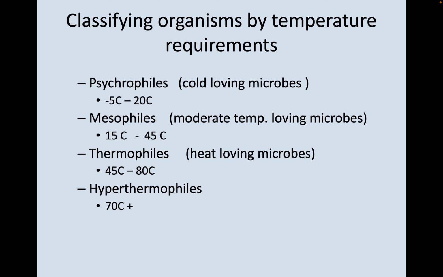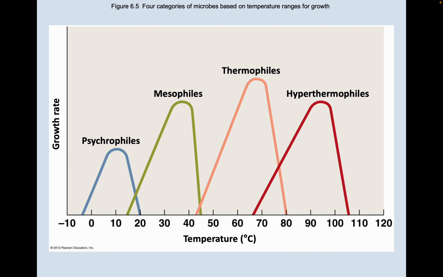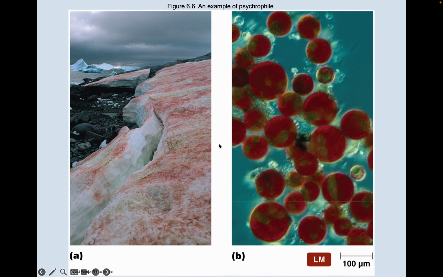And then there are some hyperthermophiles. These guys require temperatures of 70 Celsius or hotter. And here's a graph showing the temperature ranges of these types of organisms. And this is an example of psychrophiles growing on snow in the polar regions. And give it that reddish color.